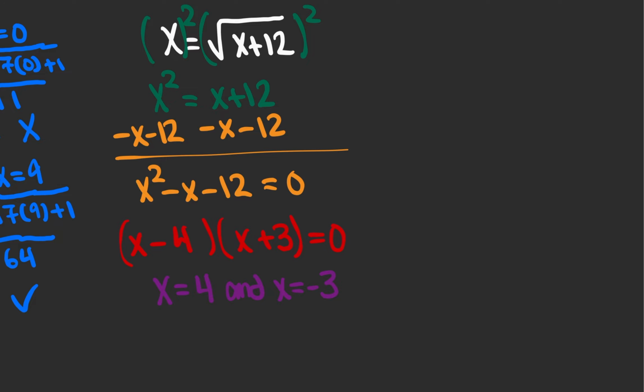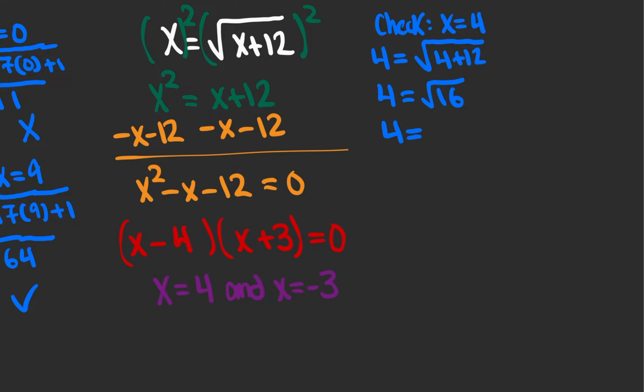From there, I check for extraneous solutions. I will do my first check here for x equals positive 4. So I have 4 equals the square root of 4 plus 12. That gives me 16. We have 4 equals, well, the square root of 16 is going to be 4, so that one works out.